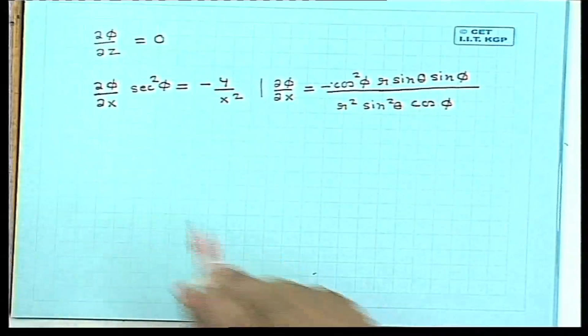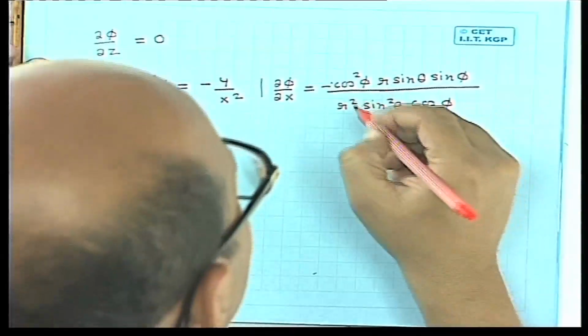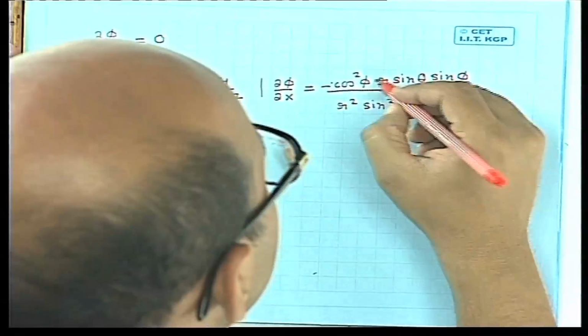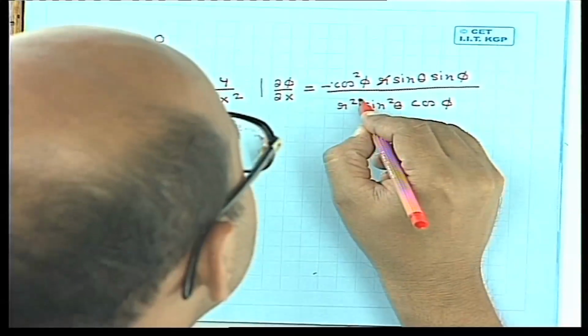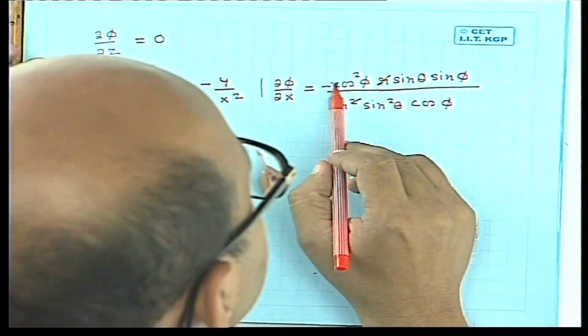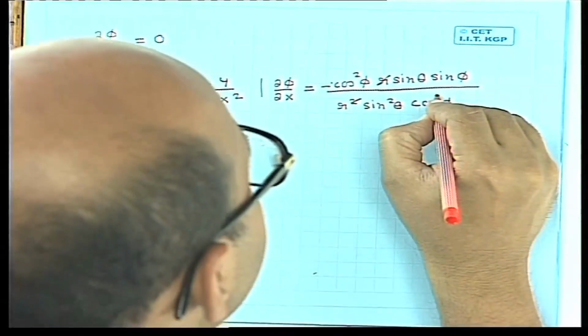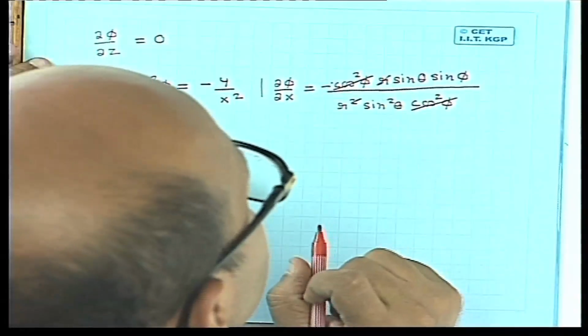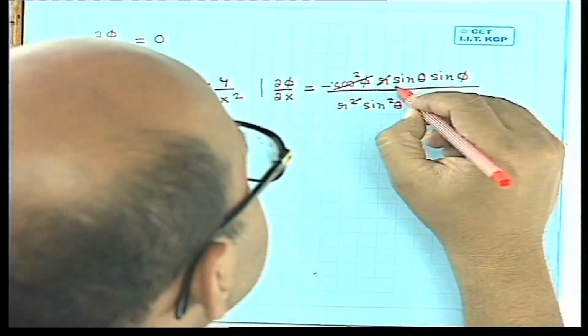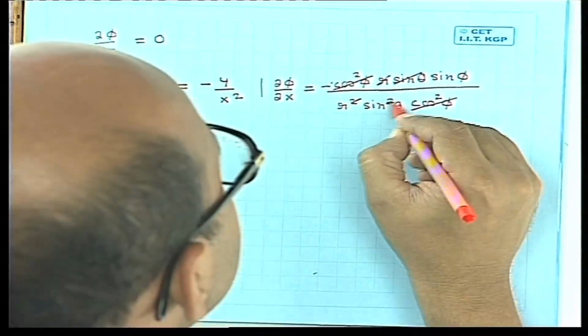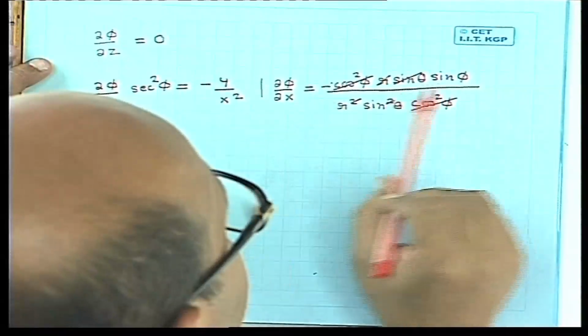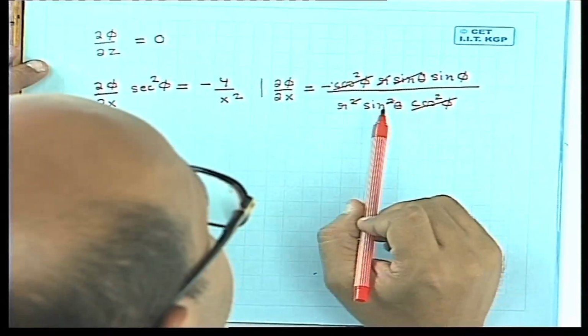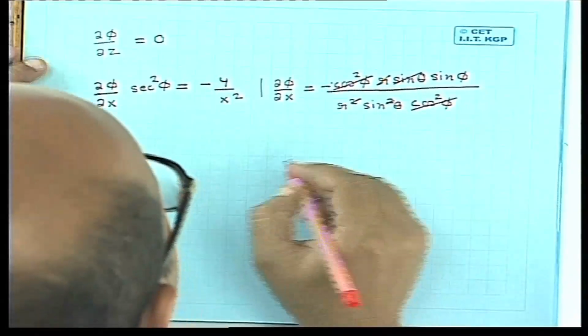So, let us see which of these terms cancel out. One of the r's will cancel out with this r over here, there will be a cos square phi here, this will cancel out with this, and one of the sin thetas will cancel out with this. So, what I have left is sin phi by sin theta with a minus sign.